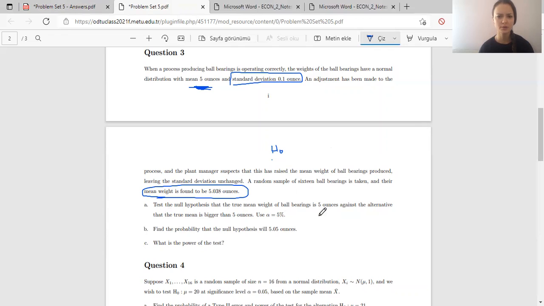H0 is mu equals 5, and H1 is the manager's claim, okay? So we're going to test if the mean stays the same or not.